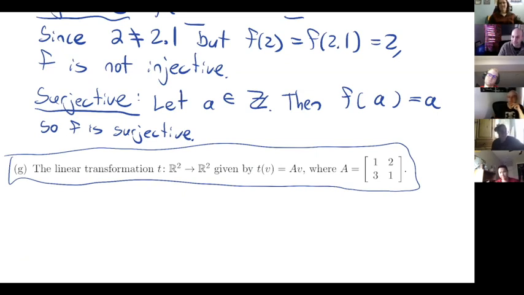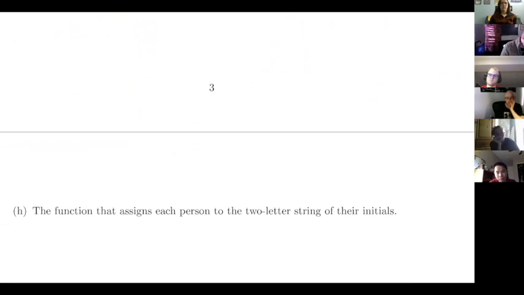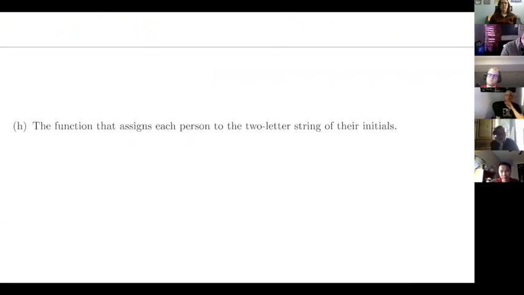It's not required content, but the idea here is you could check that the determinant is not 0. And if the determinant is not 0, that means it has an inverse. And so then you can prove that any output has a certain input by taking the inverse of the function. Okay. No fans of linear algebra here, so we will move on.